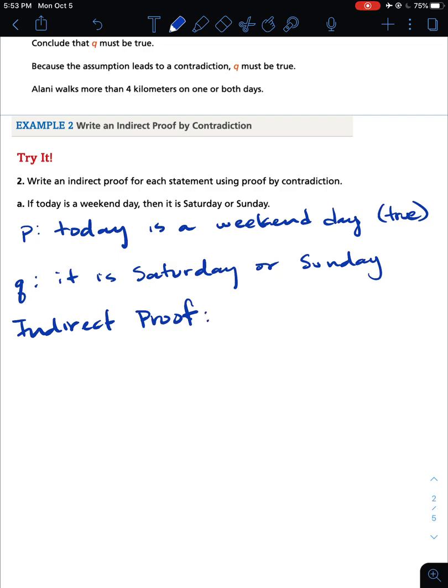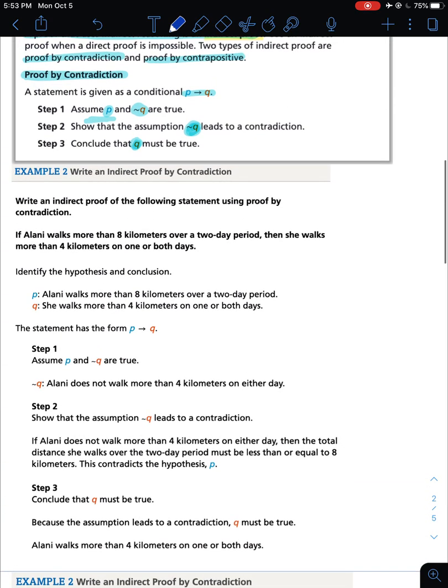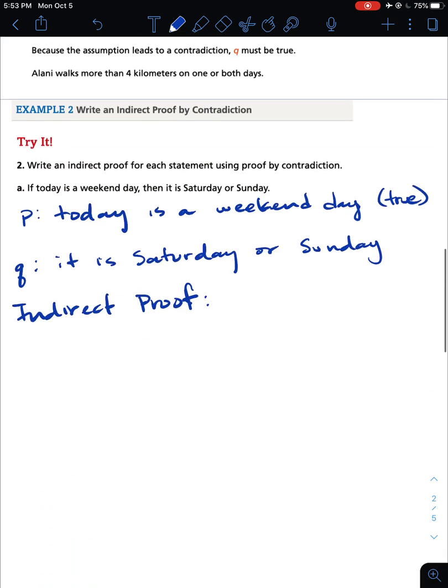For my indirect proof, I first need to assume that the hypothesis and the opposite of the conclusion are true. So I'm going to say assume that it is not Saturday or Sunday.